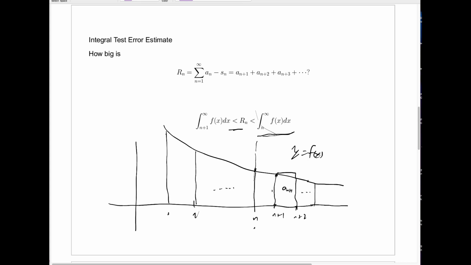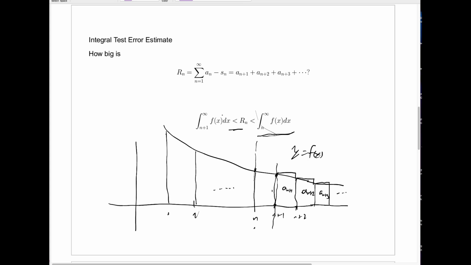Here's a rectangle whose area is a sub n plus 2 because the height is the value of our function f at n plus 2. And we keep going on like this, a sub n plus 3, etc. And so when we add a sub n plus 1 plus a sub n plus 2 plus a sub n plus 3, etc., that's R sub n, and that's greater than the area underneath the graph of f when we begin at x equals n plus 1.